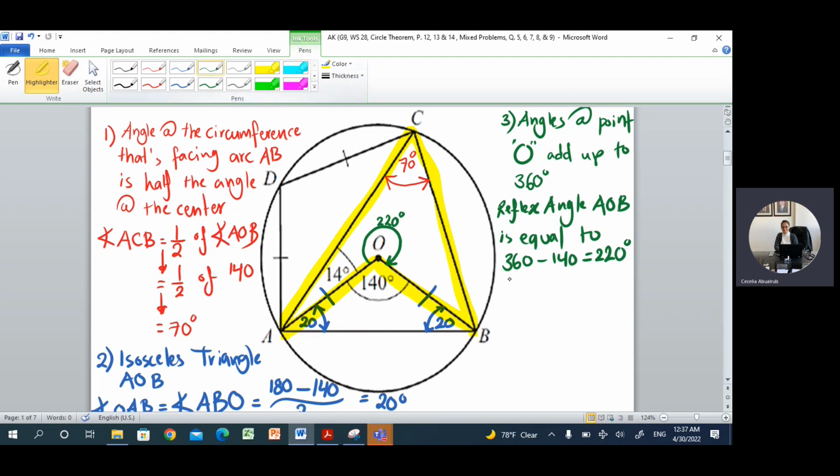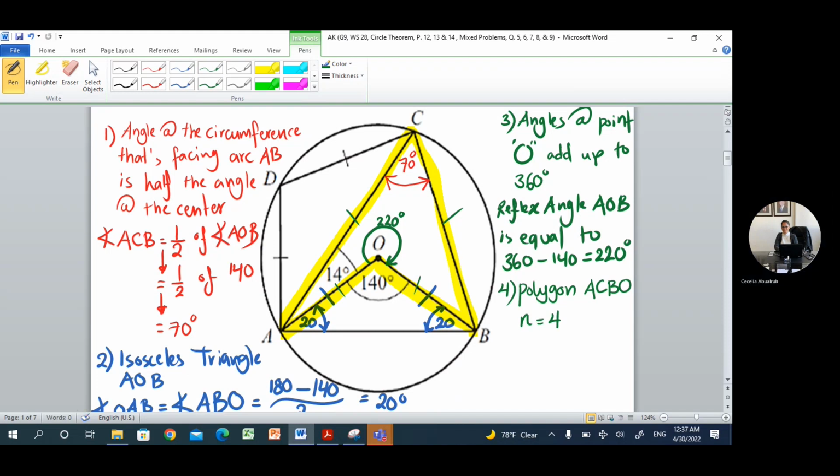So I will say here, step number 4, polygon ACBO. So we have 1, 2, 3, 4 sides. Number of sides is equal to 4. And we have 3 angles that are known, so we can accordingly find this angle here, right?